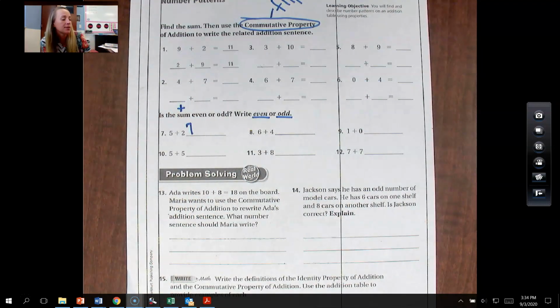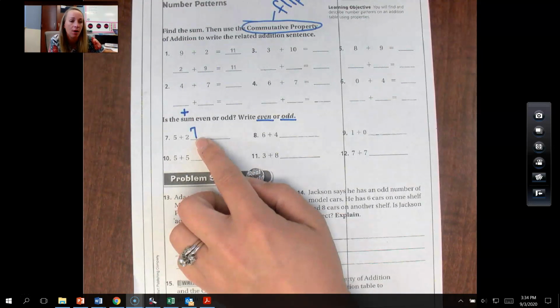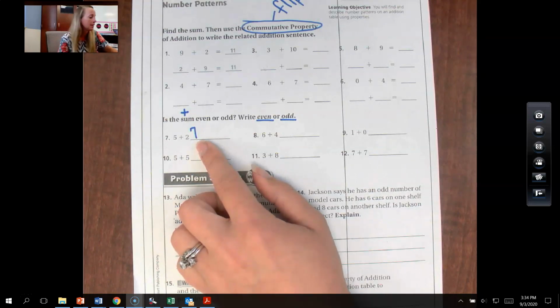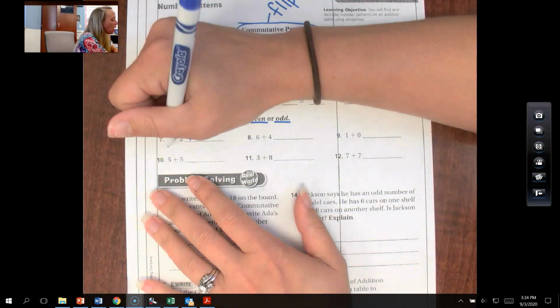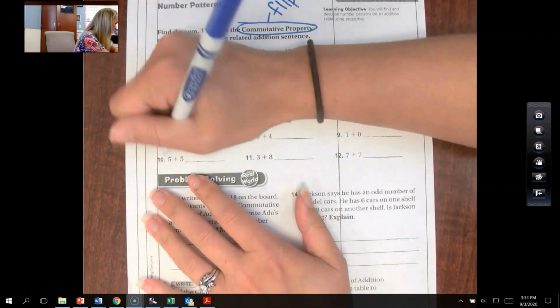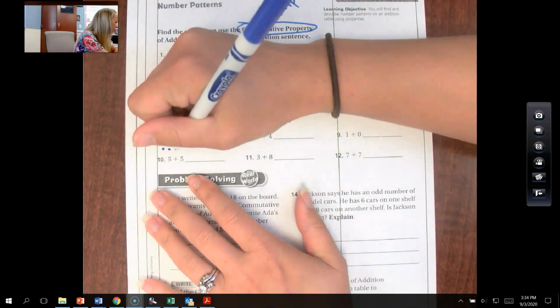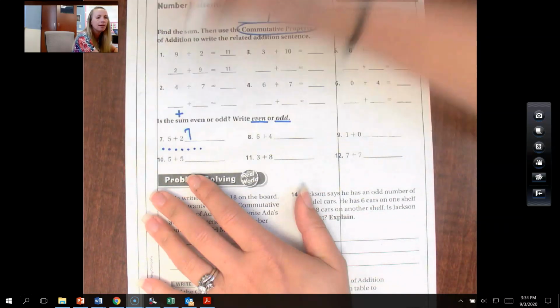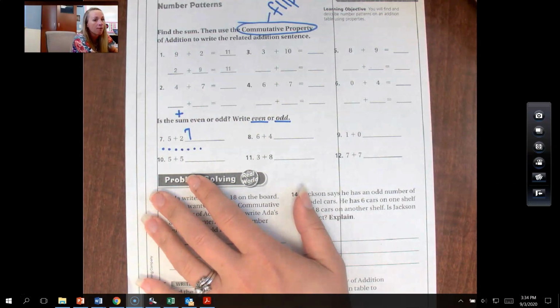Now, we need to decide if 7 is even or odd. You could count by 2s. If it hits that number, it is even. If it doesn't hit that number, it is odd. You can also draw 7 dots. 1, 2, 3, 4, 5, 6, 7. If it's even, they'll all have buddies.